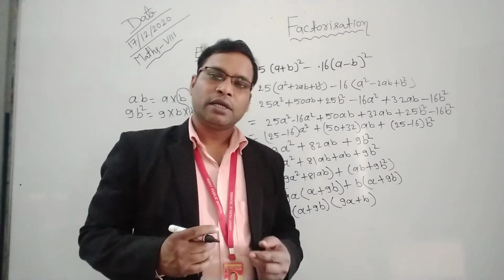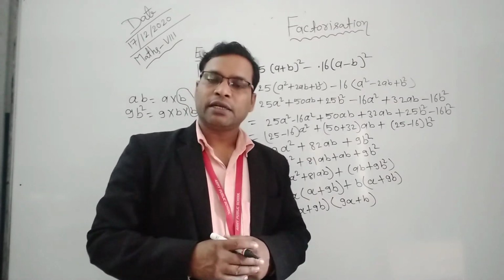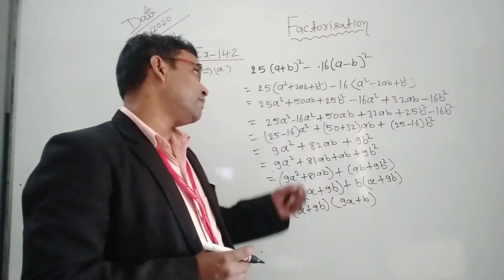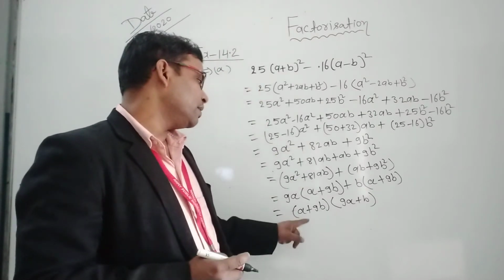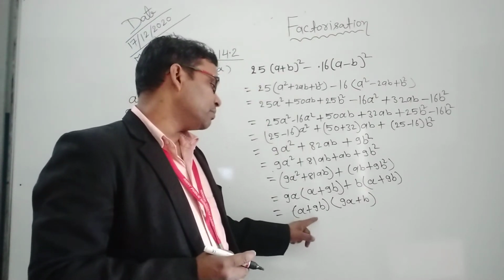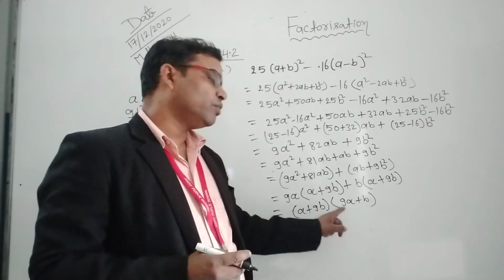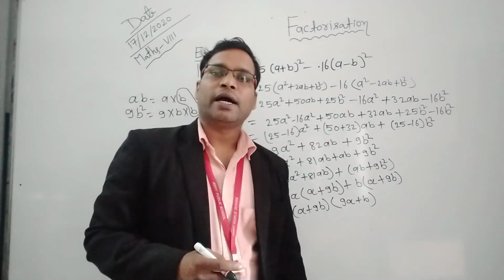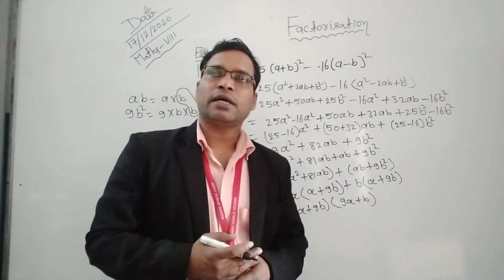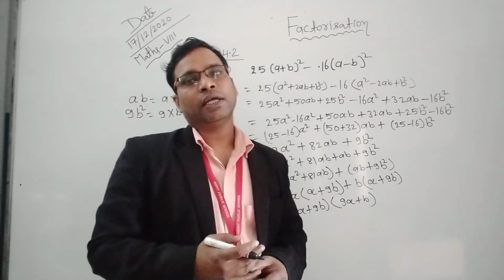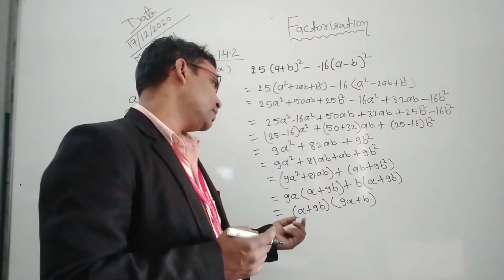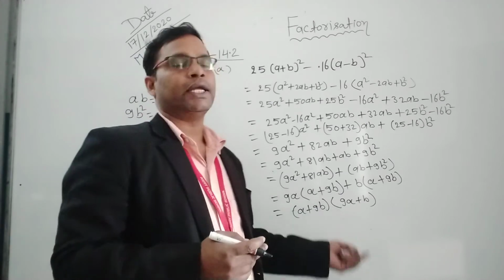If you use the second and first identity to find the factors of these terms, then we obtain A plus 9B into 9A plus B. And in the third way, if you use the third identity only, then again we find the same result, A plus 9B into 9A plus B.